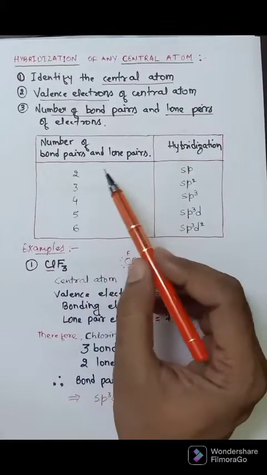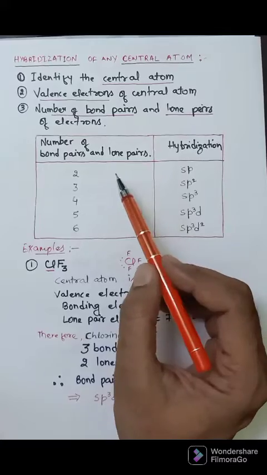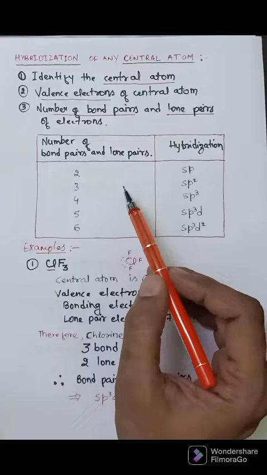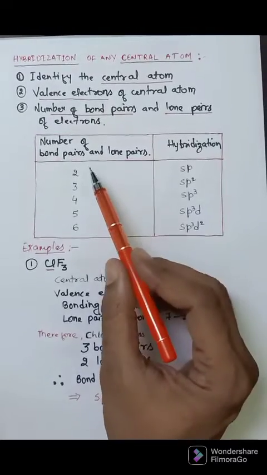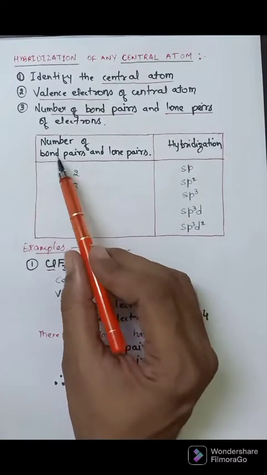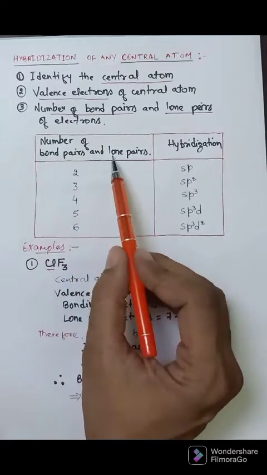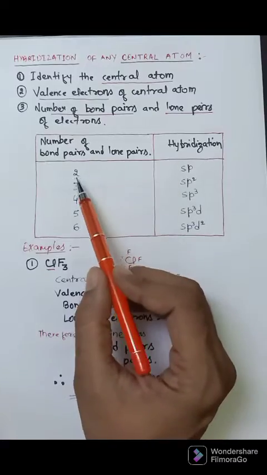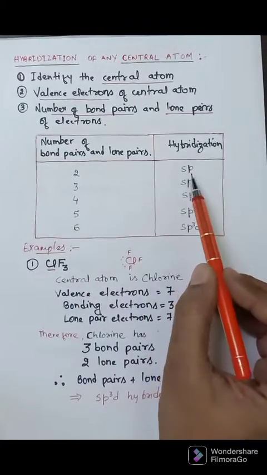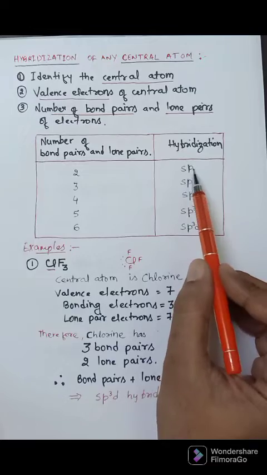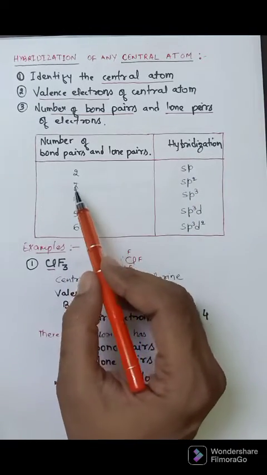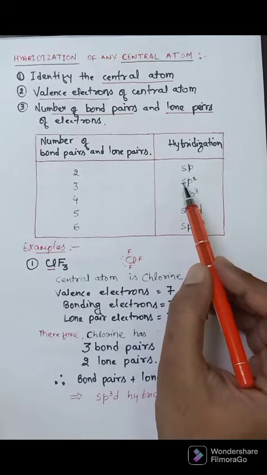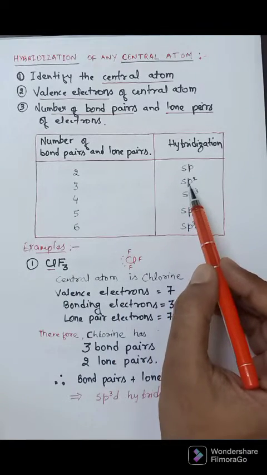Now, you will follow a simple rule which I have summarized here in this table. You can see here, if the number of bond pairs and lone pairs is equal to 2, then the hybridization is sp. If the number of bond pairs and lone pairs is equal to 3, then the hybridization is sp2.